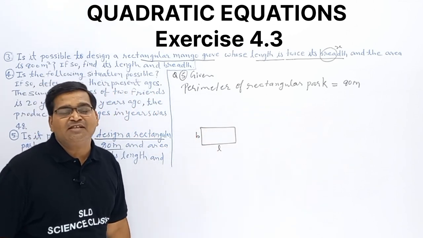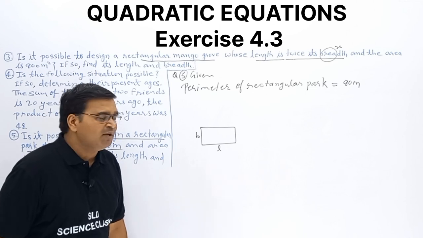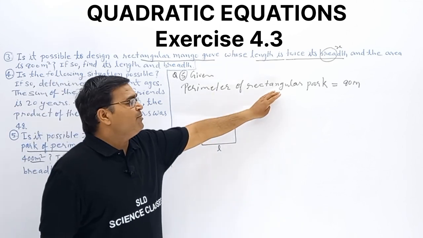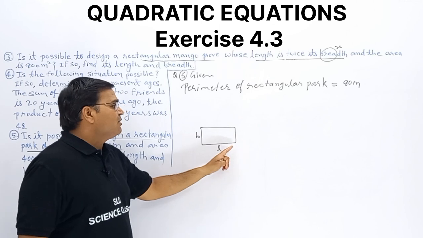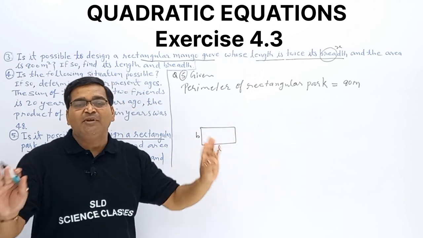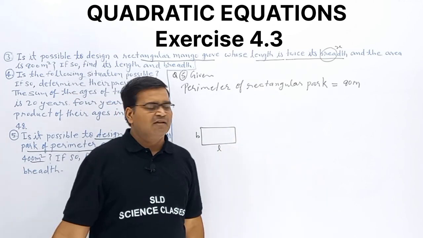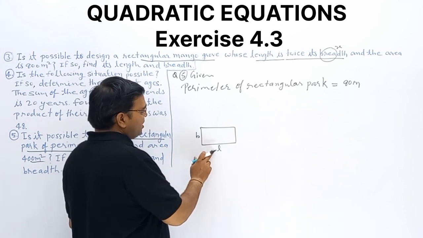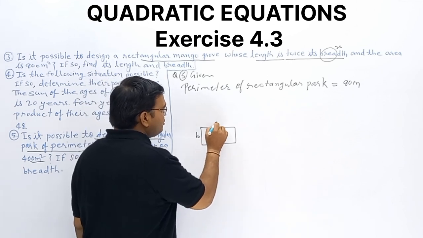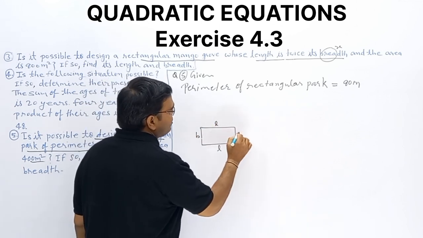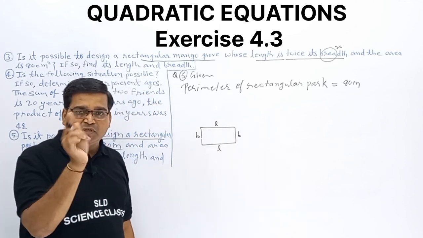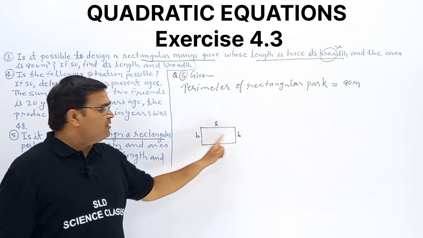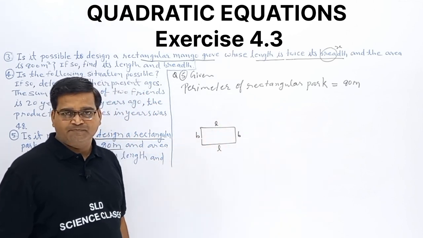Now what is the meaning of the perimeter? Perimeter of rectangle is sum of all sides. How many sides are we having? This is the length, so this is also L and this one is B. In the rectangle opposite sides are equal. Clear?